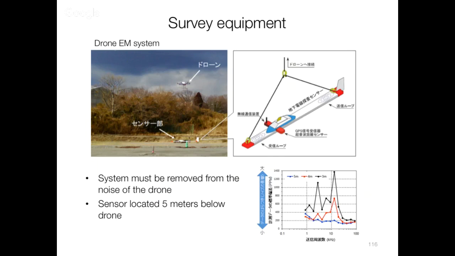That's the black, about 1,400 parts per million, and the red is about 600. By the time it's 5 meters away, there's the blue line, probably good to go. So the drone has to be 5 meters above the sensor.